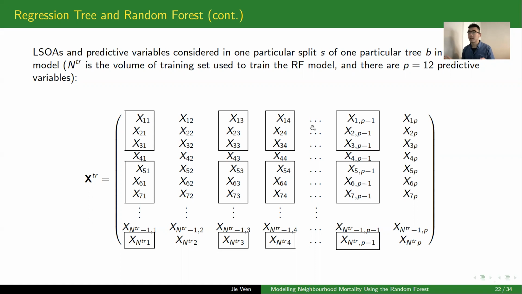Assuming we have finished this tree and want to move to the next tree of the random forest model, of course we will select a different set of rows, which means the RSOs here. So this is an example of how we introduce sample randomness over the rows and variable randomness over the columns into a random forest algorithm.